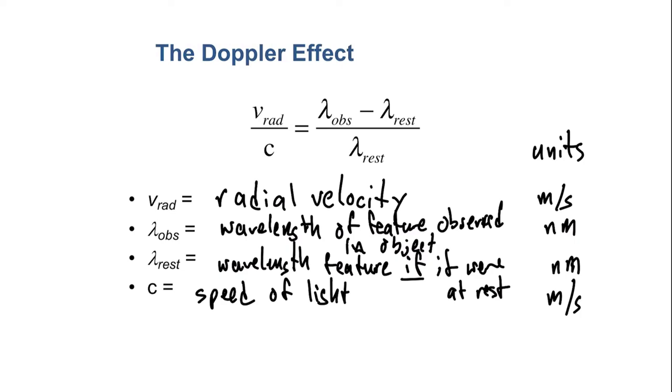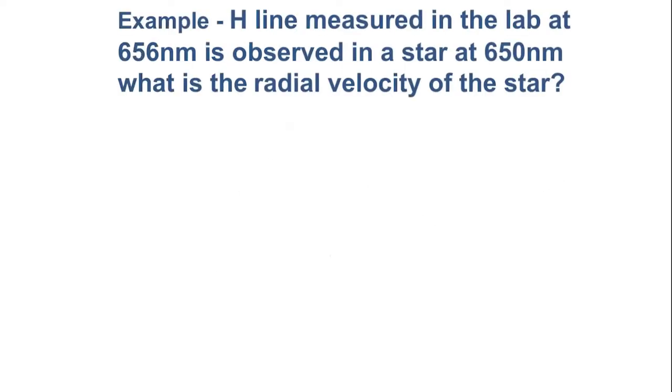Okay, let's try this out. So we've already seen some hydrogen lines, and we know that there are some specific absorption lines or emission lines that you'll get from hydrogen, and we happen to know the rest wavelength of those particular lines, right? We know where they should appear.